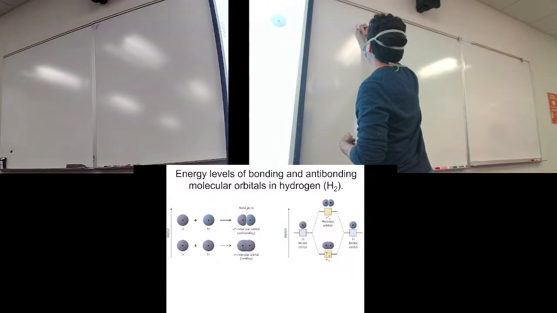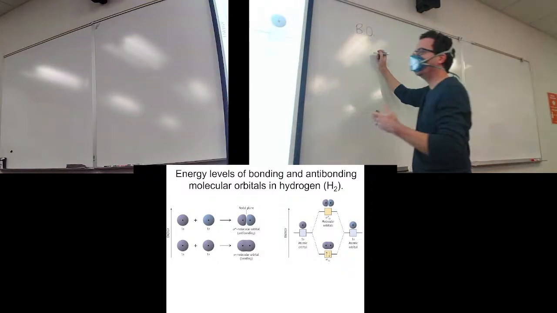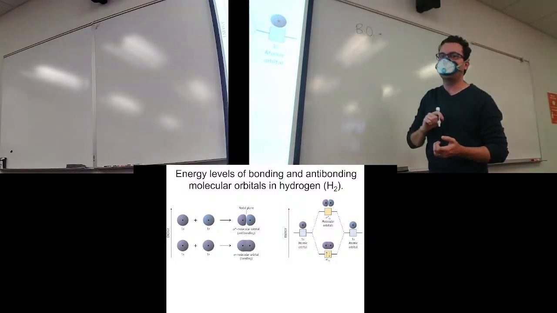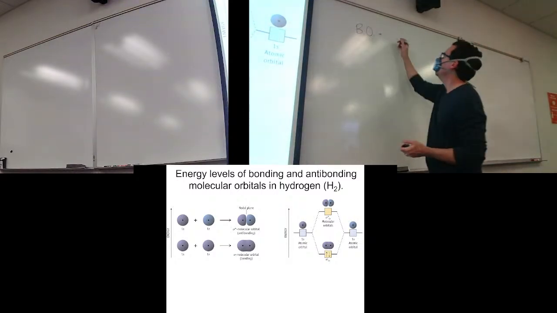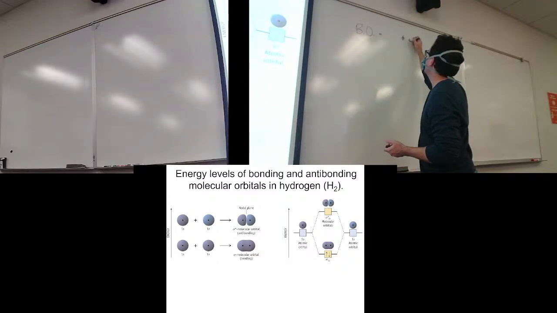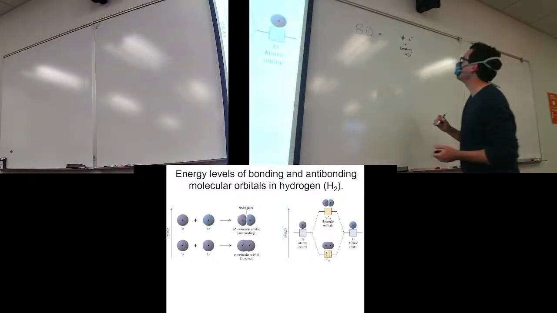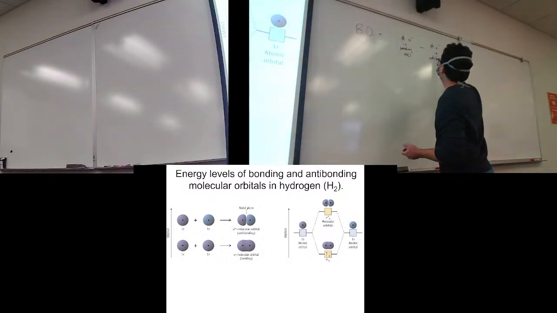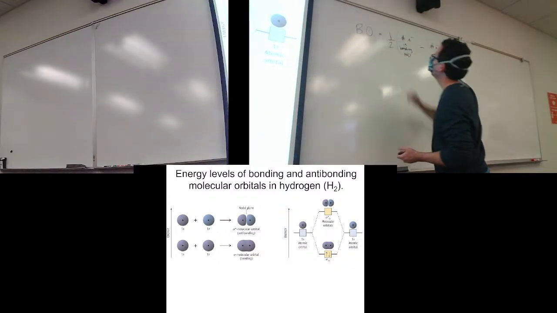Another thing you can calculate is bond order. To calculate a bond order from a molecular orbital diagram, you're going to take the number of electrons in bonding molecular orbitals, I'm going to label them MOs, and subtract the number of electrons in anti-bonding molecular orbitals, and I'm going to multiply this whole thing by 1/2, so divide by 2.